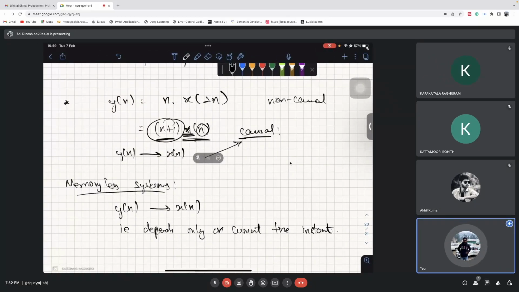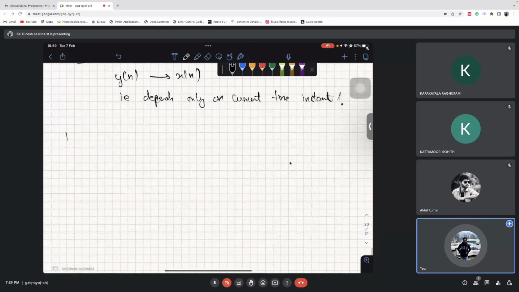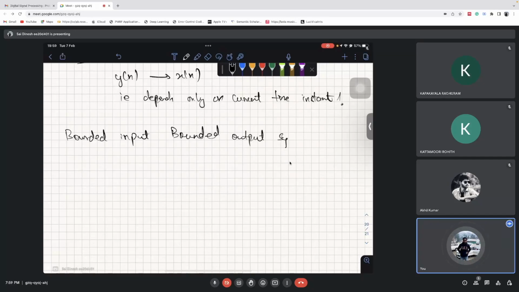So this is a memory system, and then the last thing is bounded input, bounded output system.